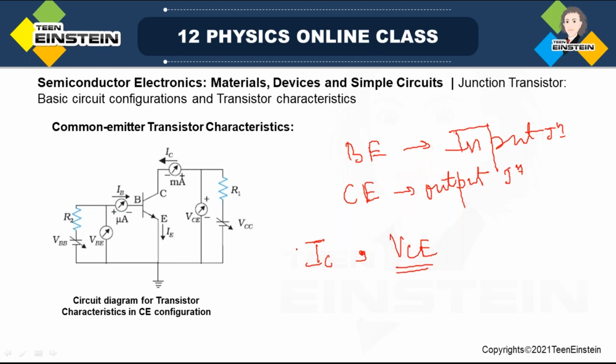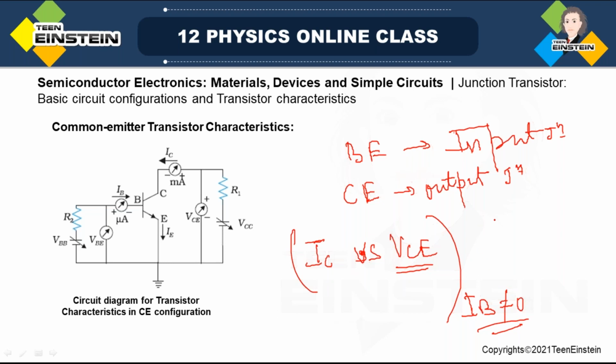But here, one thing you have to keep constant is that IB. So we have to draw IC versus VCE curve for different values of IB, some non-zero value, 10 microampere, 50 microampere, then 100 microampere, for different values of base current.